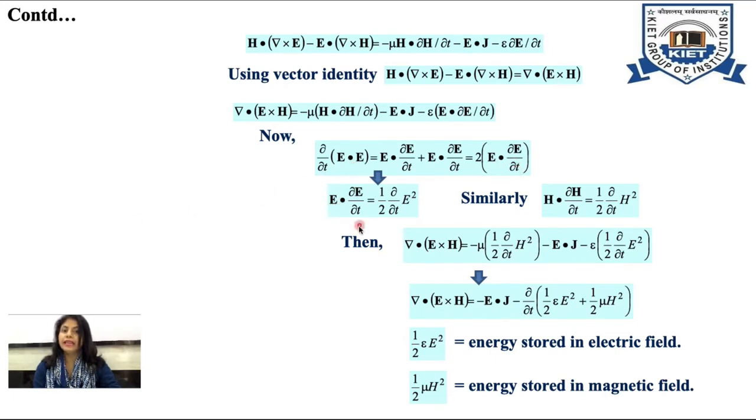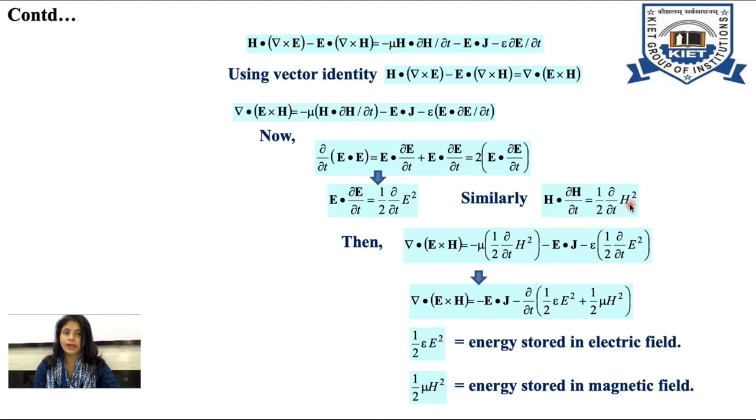Then E dot del E over del t becomes 1 by 2 del by del t of E square. Similarly, if E dot del E over del t is equal to half of del by del t of E square, then H dot del H over del t is equal to 1 by 2 del by del t of H square.